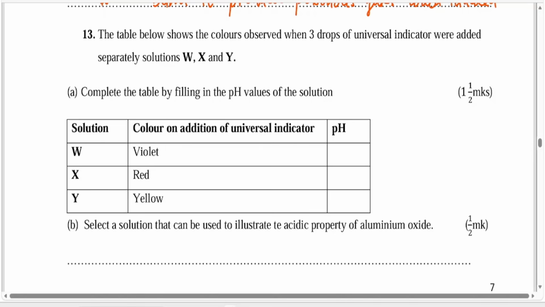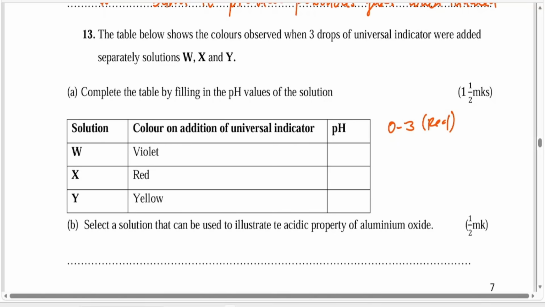So we need to understand that when you use universal indicator, if the pH ranges between 0 to 3, it is a strong acid and the color is red.